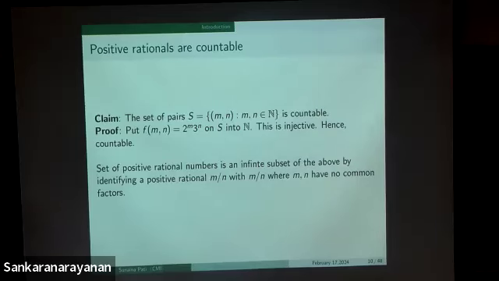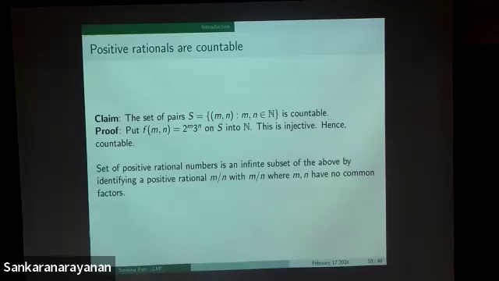I can do the same thing to show that rationals are countable. Essentially, if I have any m comma n, I can simply map it to... this is positive. I'm showing positive rationals are countable, and then I have zero to handle, and negative rationals to handle.